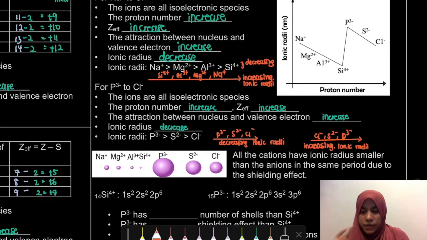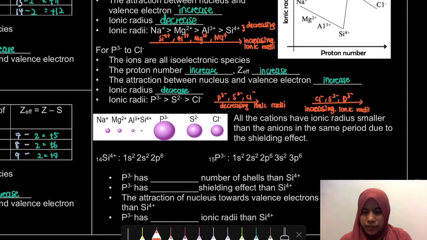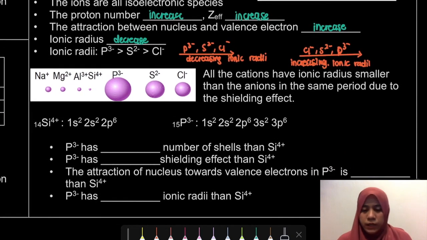Okay, but it's not finished yet. Just a little more to discuss. Remaining is, why from Si4+ until P3-, suddenly it goes up here? Why? Okay, so I've mentioned before, all the cations, this I haven't mentioned yet. All the cations have ionic radius smaller than an ion in the same period due to the shielding effect.